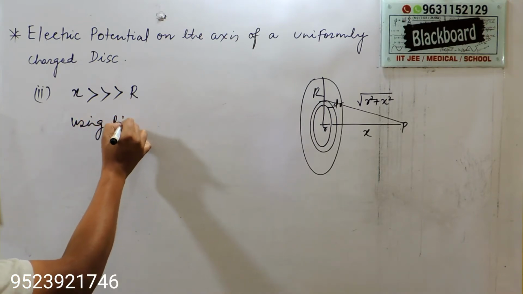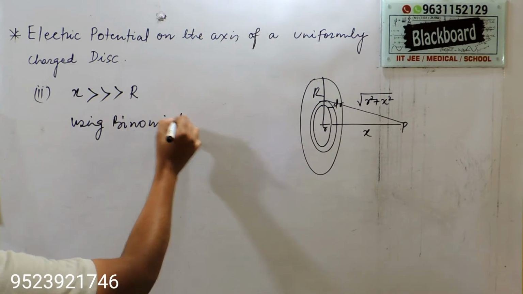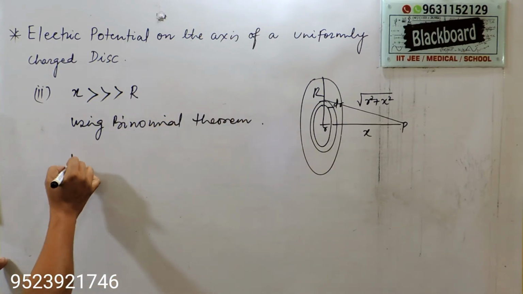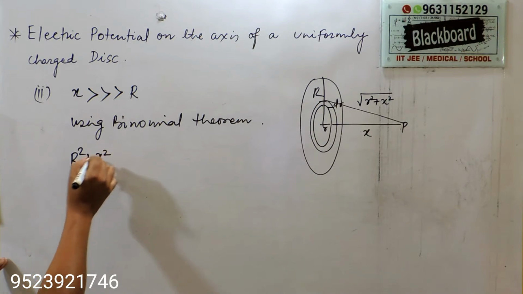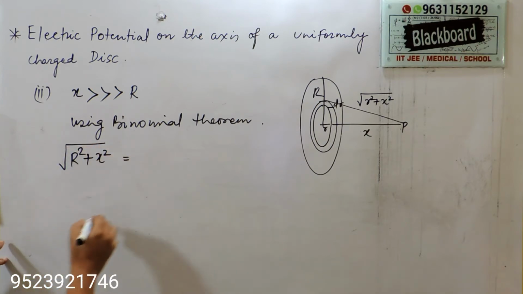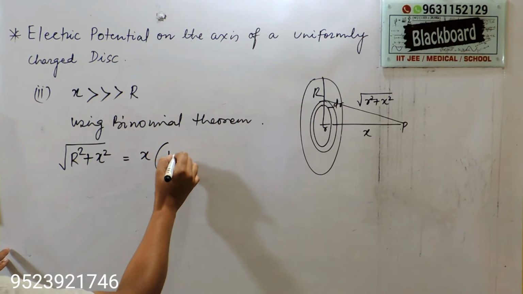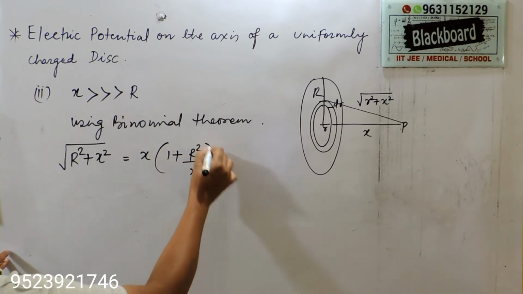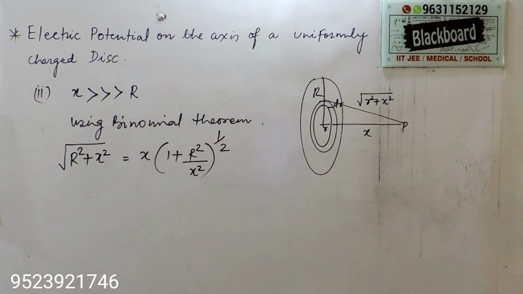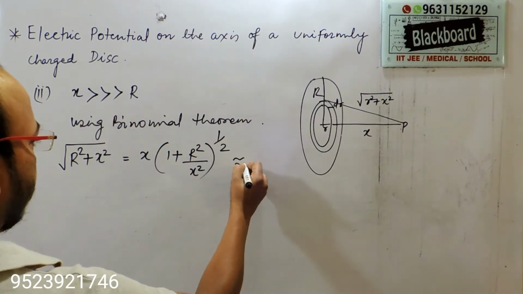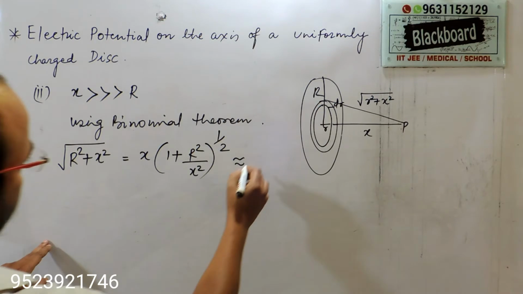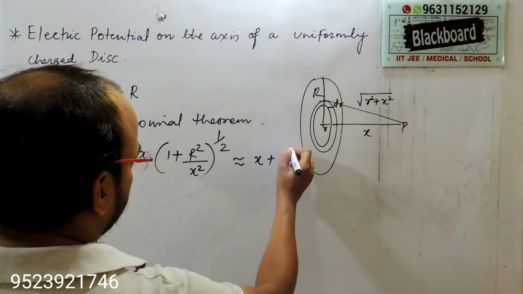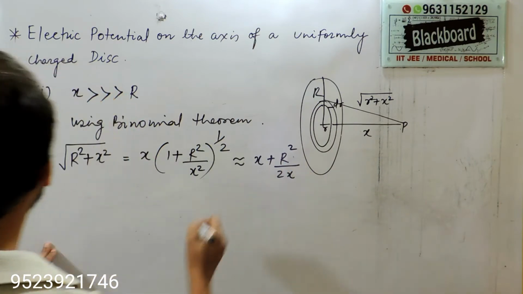Root over r square plus x square is equal to x times 1 plus r square divided by x square to the power half, which is approximately x plus r square by 2x.